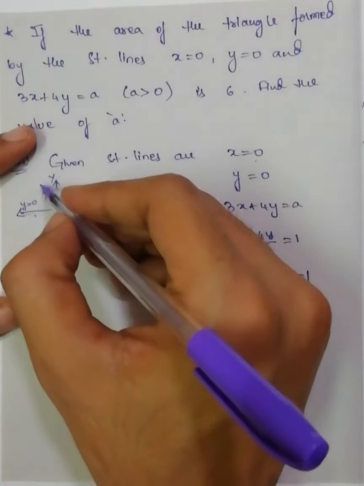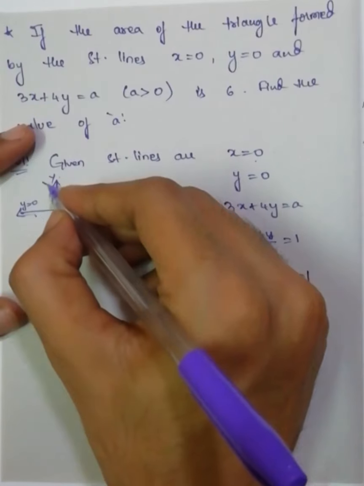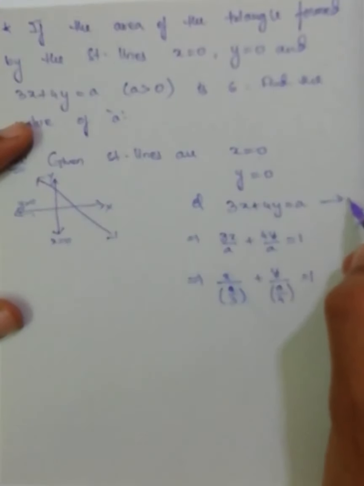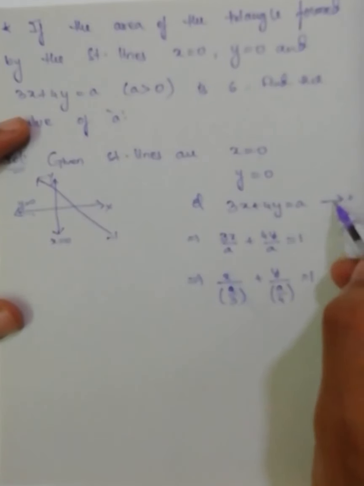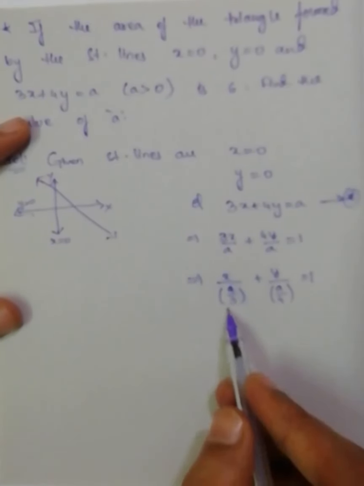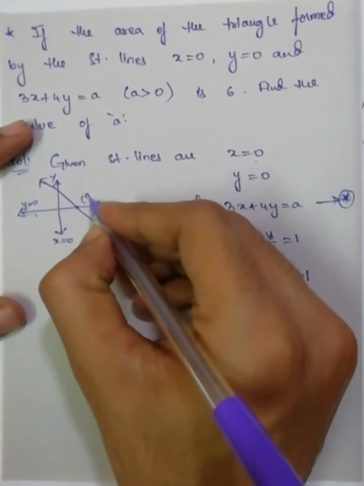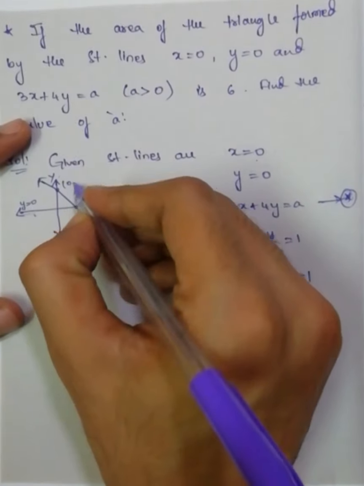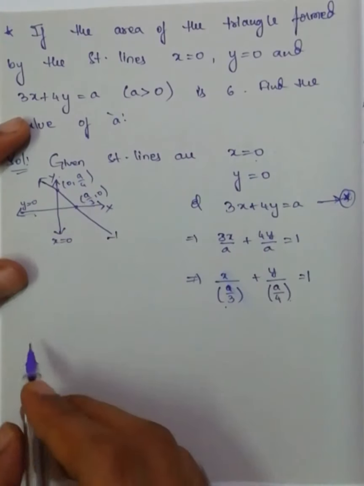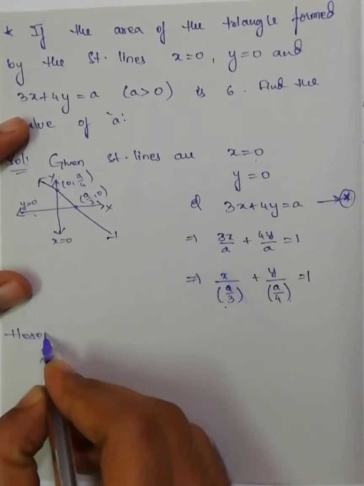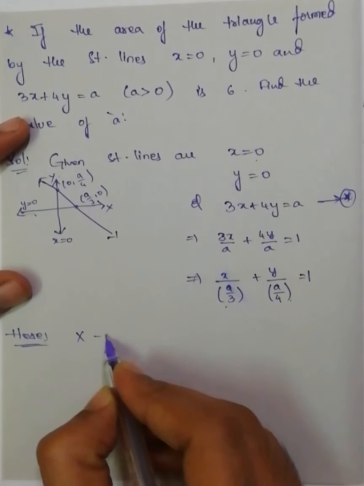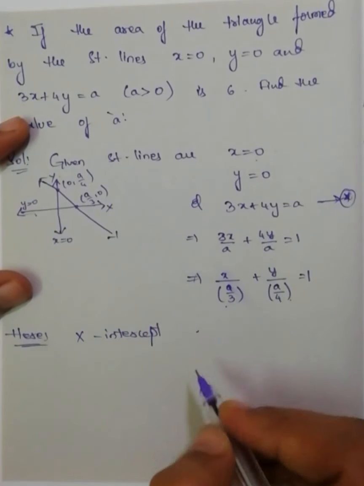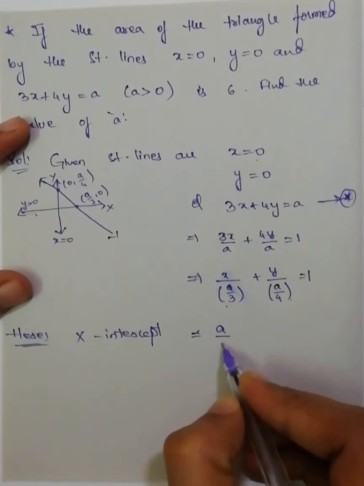This is that line. This is the line, equation number, let us take whatever the equation number star. This is the point a by 3 comma 0, and this is the point y intercept is 0 comma a by 4. Here x-intercept is equal to a by 3.